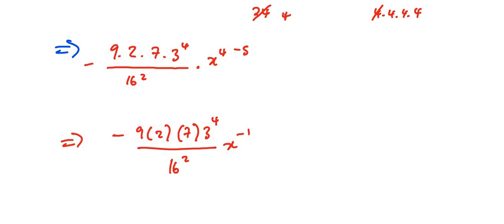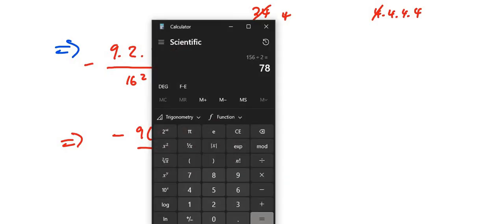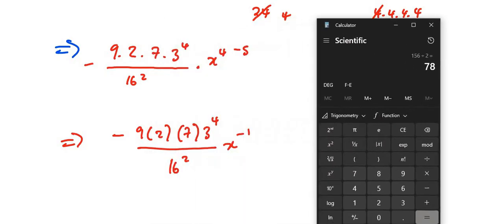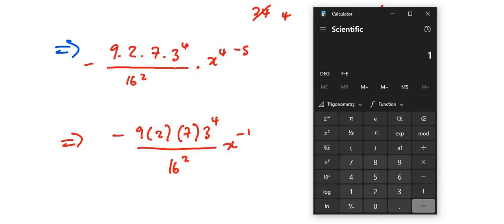So we're having 18 times 3 to the power 4, then times 7, then divided by, open bracket, 16, to the power 2.